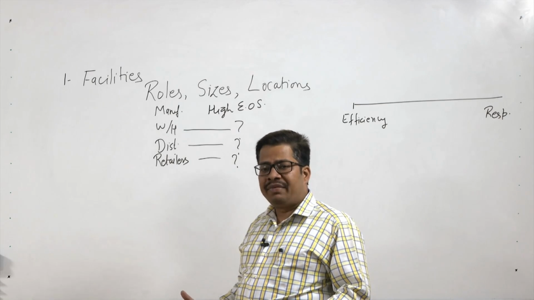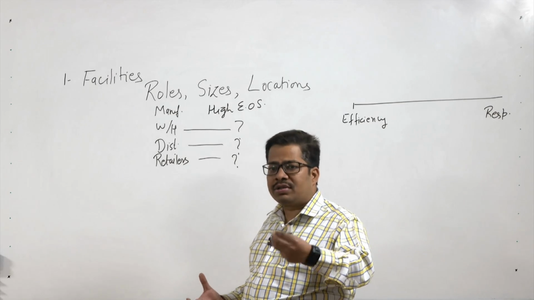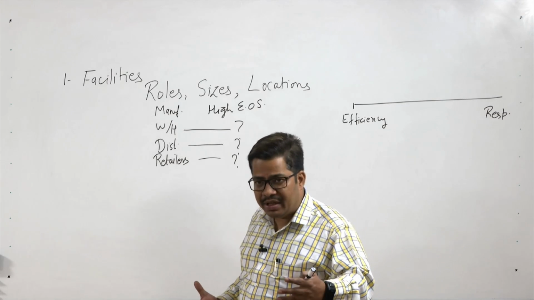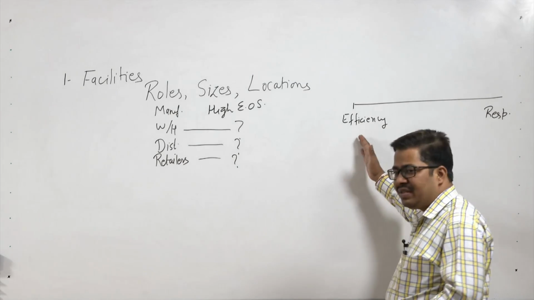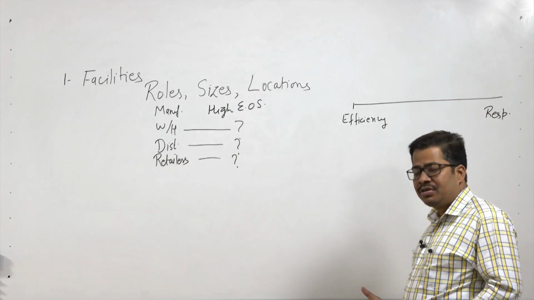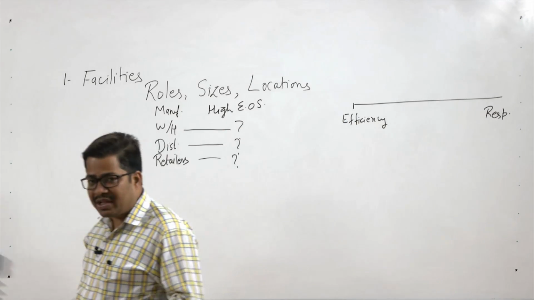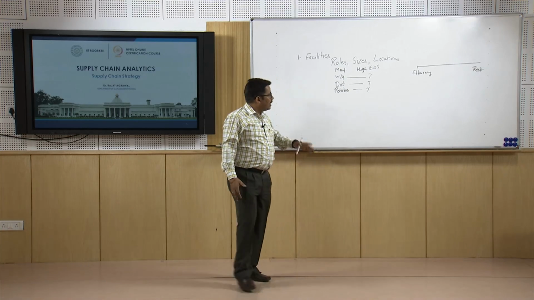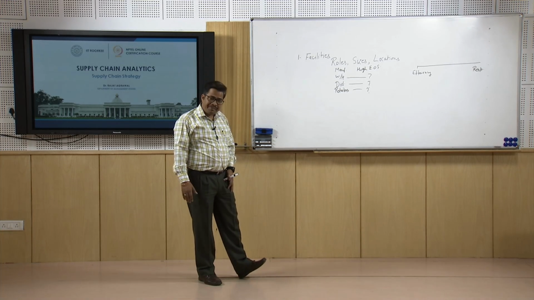But if I am locating a retailer in some of the low cost locations, maybe East Delhi, in that case it is towards the efficiency side of the supply chain. So, the location of the wholesaler, retailer, distributor, and manufacturing facility will give you an idea whether you are on the efficiency side or on the responsiveness side.